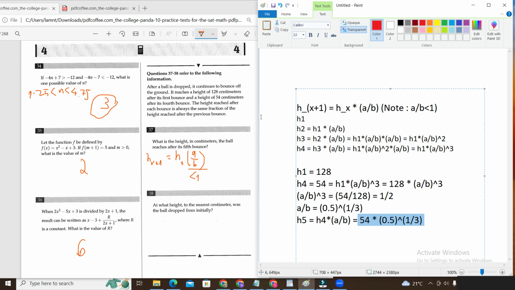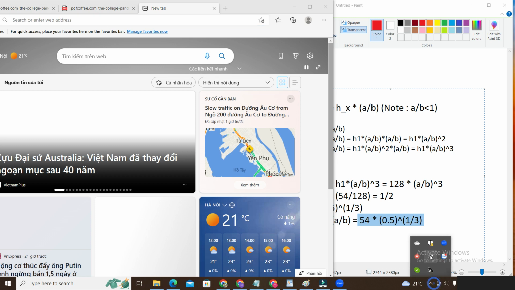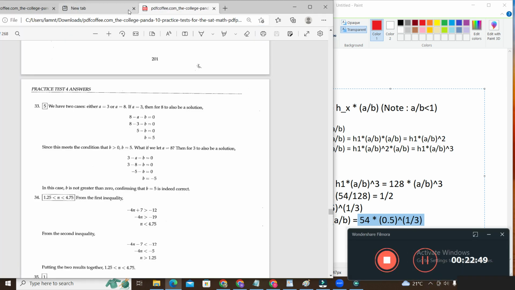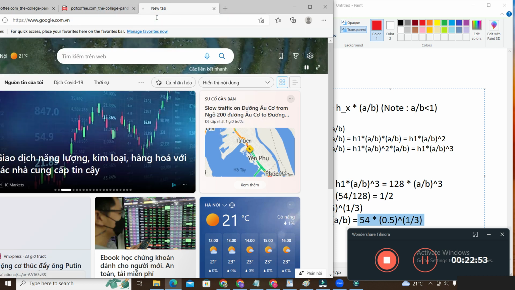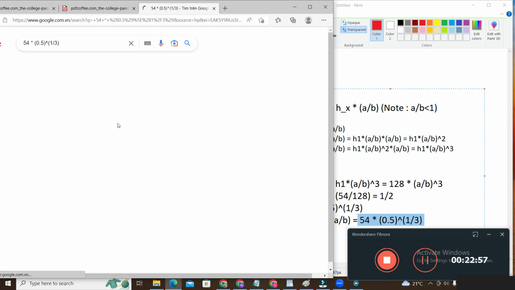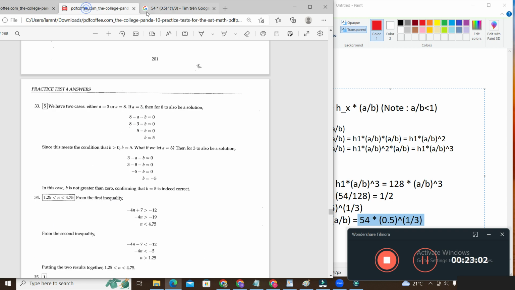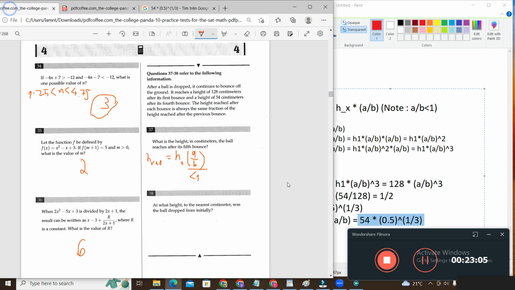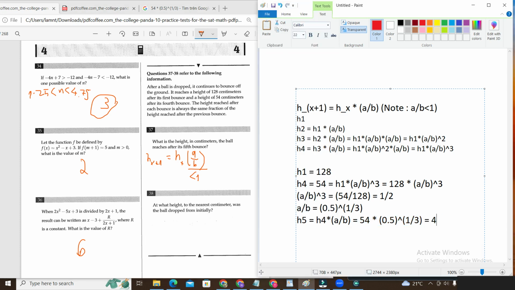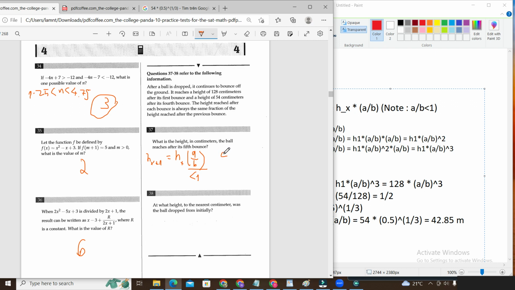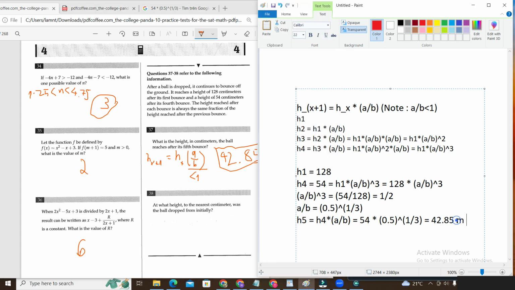It's 42.85, something like that. I mean centimeters, because we are talking about centimeters here.